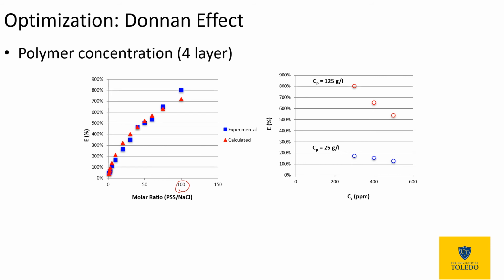We did this by varying the concentration of the polymer from 25 grams per liter up to 125 grams per liter. You can see that at a ratio of 100, we're able to get enrichments of nearly 800%. Also shown here, in addition to the experimental data, the blue squares, are the red-filled triangles indicating the calculated values from Donnan equilibrium.